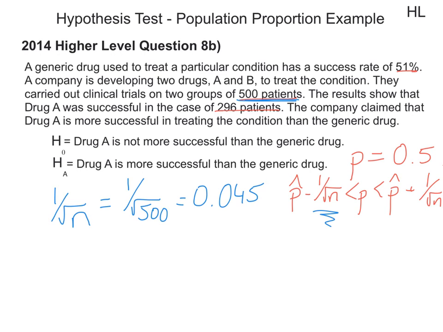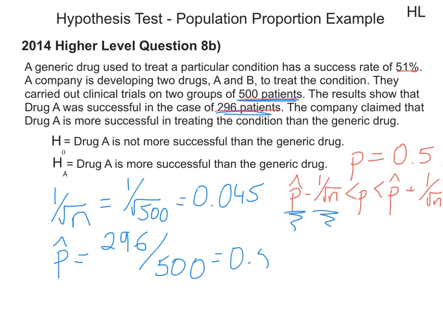The next thing we need for our confidence interval is p hat. P hat is our sample proportion, or our population estimate. In this case, our sample proportion had 296 who found drug A more successful, and there were 500 in our sample size. So this gives us a value of 0.592.